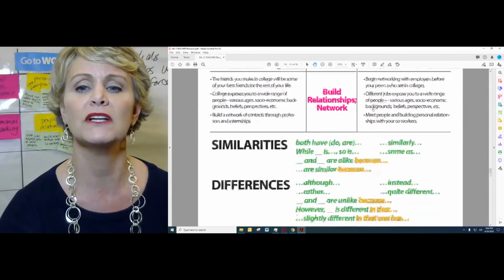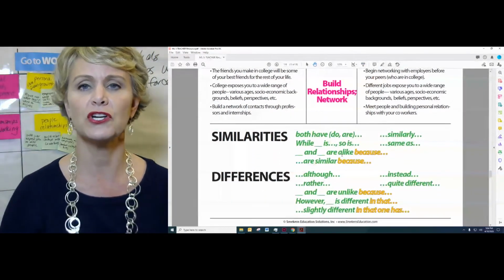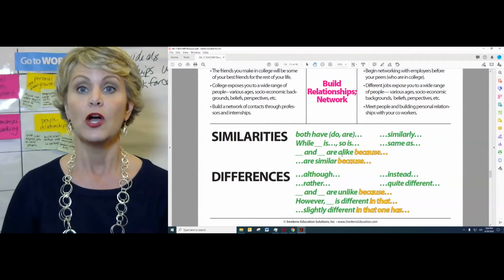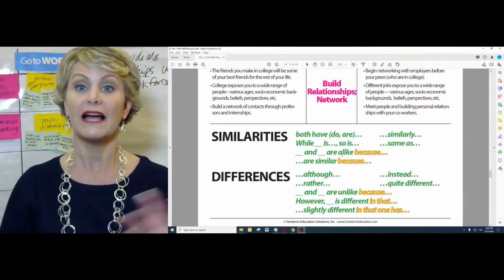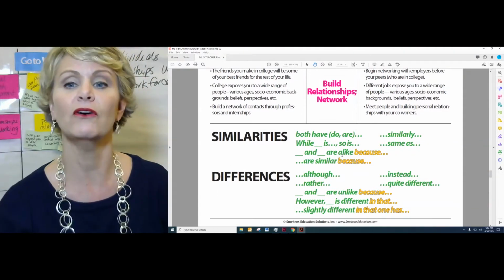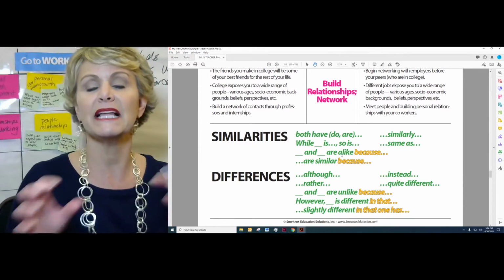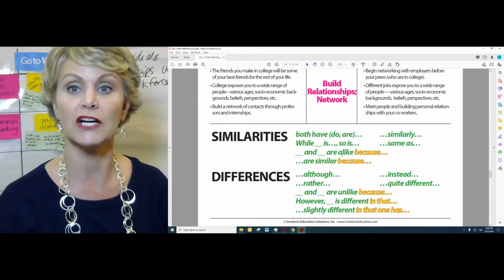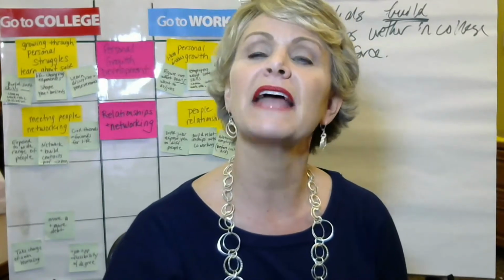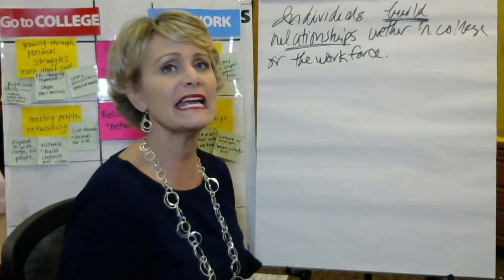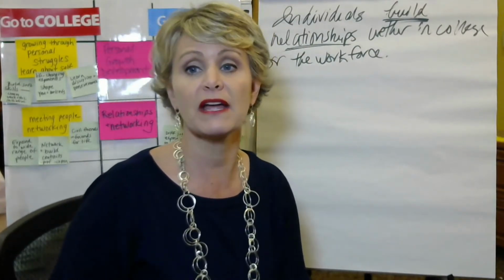Look back again. What transition words could you start with? Both. You could just say both, or you could say blank and blank are alike in this regard of building relationships. And we're going to talk about that wide range of people. All right, so coworkers and college peers.